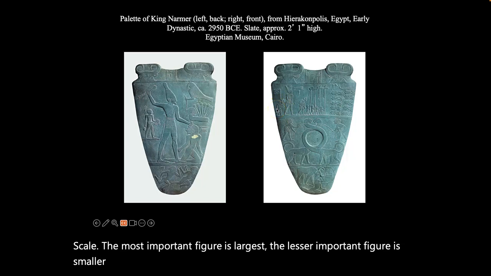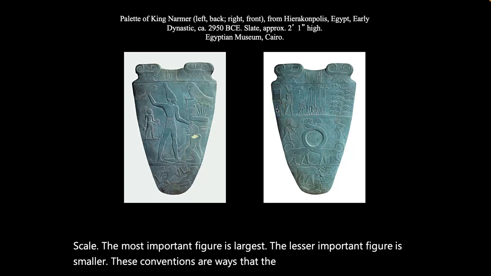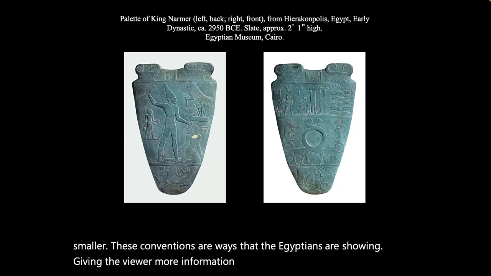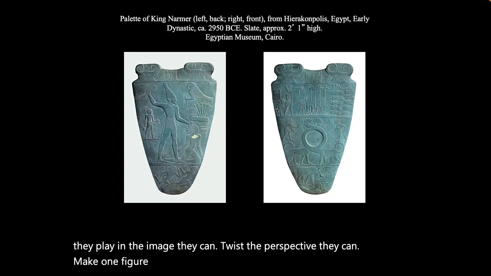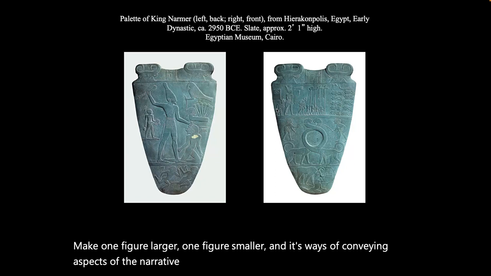These conventions are ways that the Egyptians are giving the viewer more information about who's important and what role they play in the image. They can twist the perspective. They can make one figure larger, one figure smaller, and it's ways of conveying aspects of the narrative to the viewer.